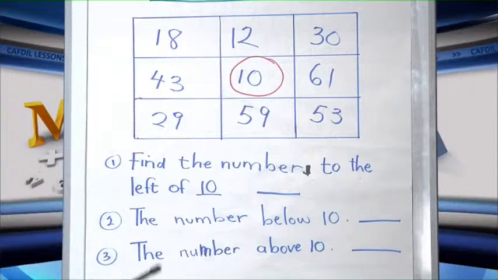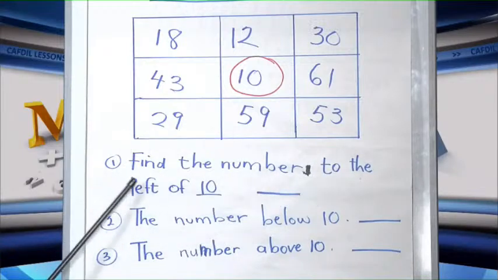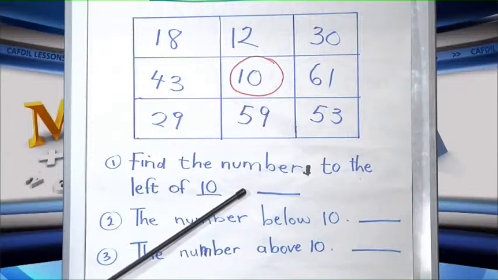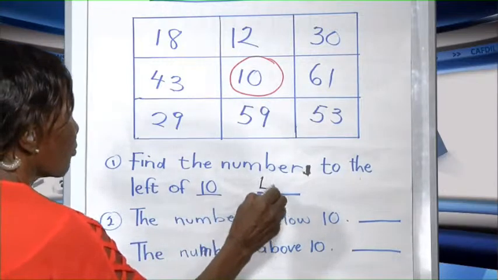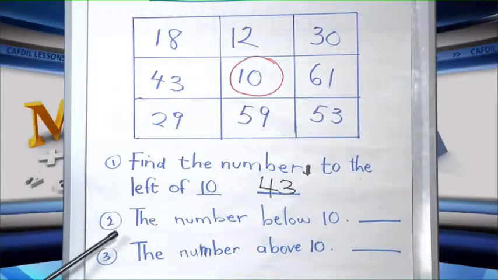Good. Now our first homework says, find the number to the left of 10. Our number to the left of 10 will be what? 43. Yes, you all got that. Now we go to number 2.